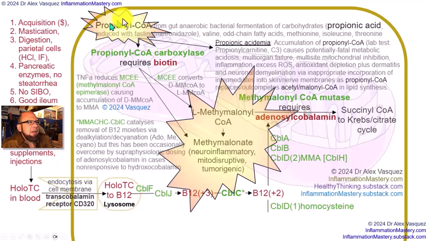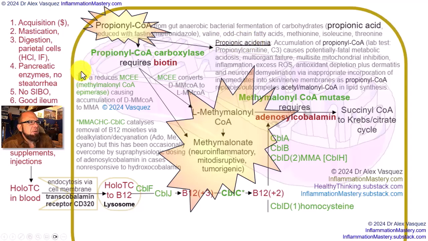So again, if a patient makes too much propionic acid because they have gut dysbiosis, they're going to accumulate propionyl-CoA, which then has to get detoxified. If the patient has a defect in this enzyme or they don't have enough biotin, then they're going to accumulate propionic acid, and we call that, again, propionic acidemia.